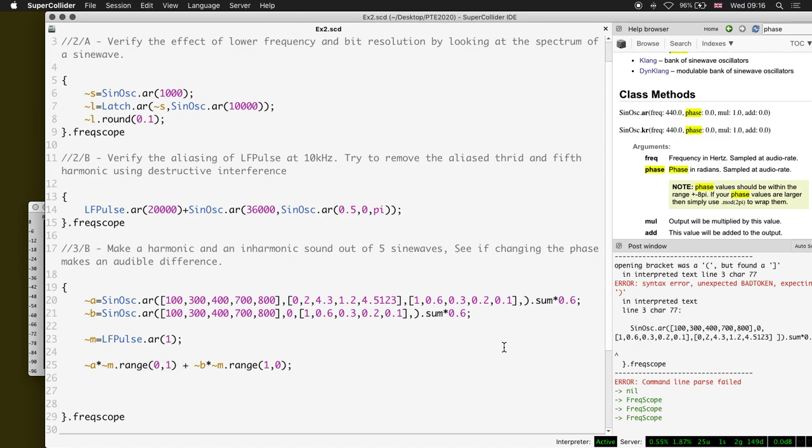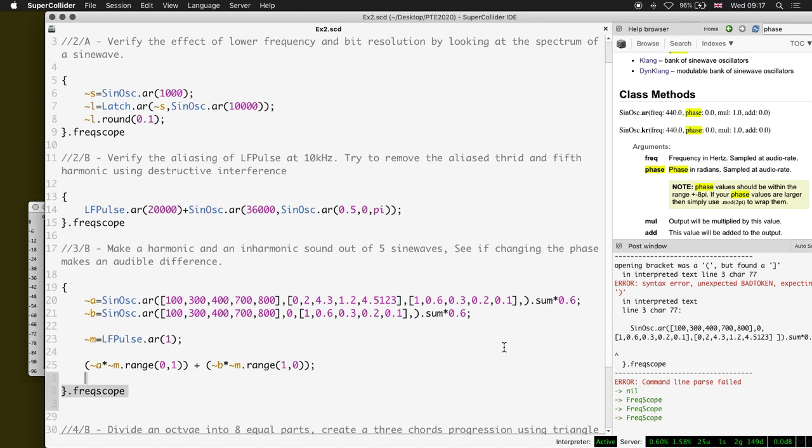So in mathematics, multiplication has precedence over addition, but in SuperCollider you actually have a sequence precedence. So first things come first. So probably the safest thing is always to be explicit about the order of execution, because brackets will make that explicit.